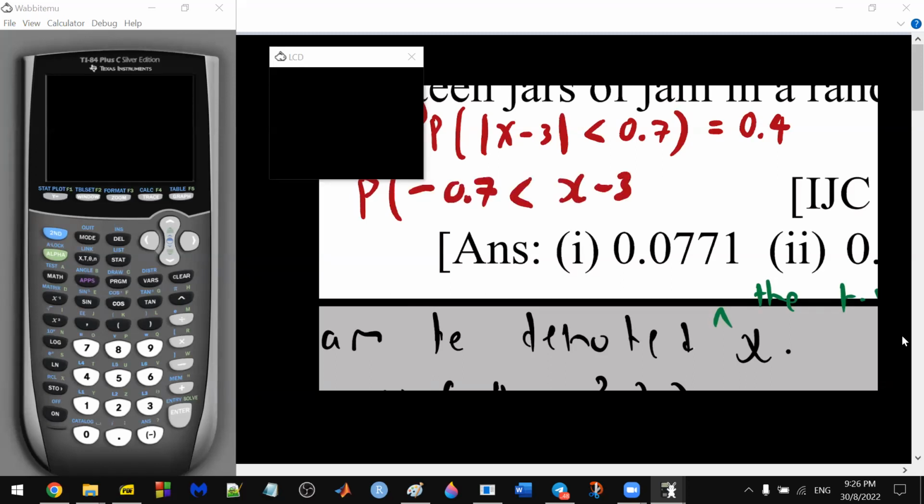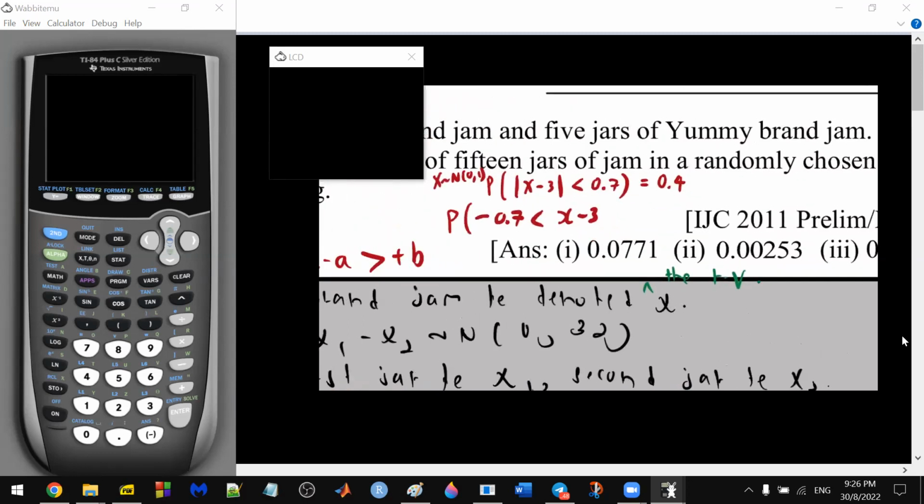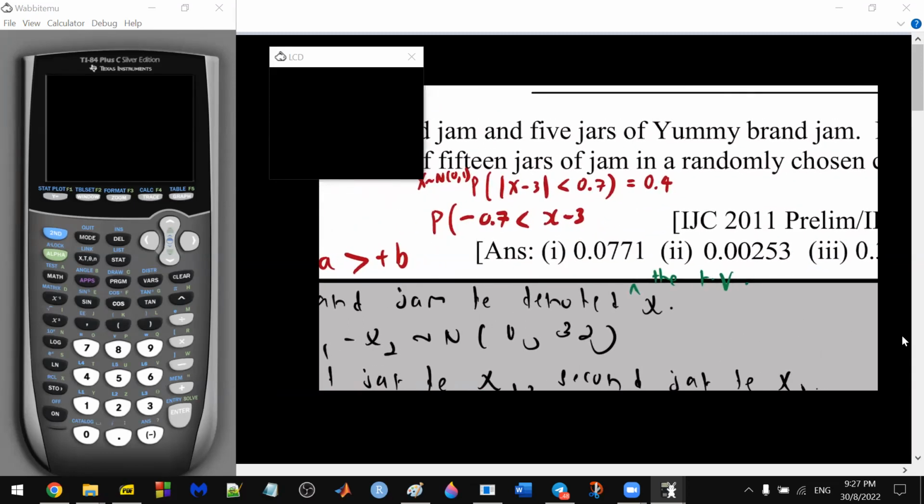Oh my goodness, wrong already. Wait, hold on, let me think a bit. Oh, you're correct, I'm wrong. Getting tired. Okay, yes, continue. Then less than 0.7. Okay, it equals 0.4.